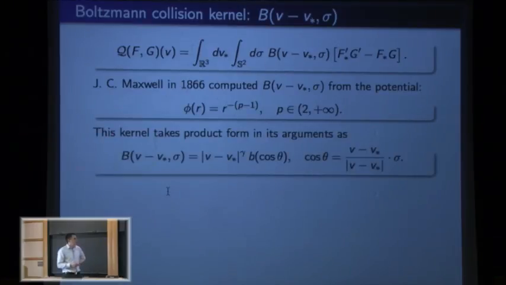He showed that the kernel B takes product form in its arguments. So you can say B is equal to |v minus v star| to the gamma times lowercase b of cosine theta, where cosine theta is this scattering angle, (v minus v star) unit vector dotted with sigma, and sigma is what you're integrating over.